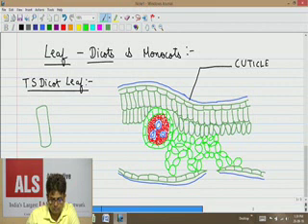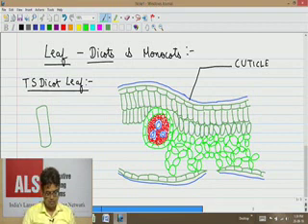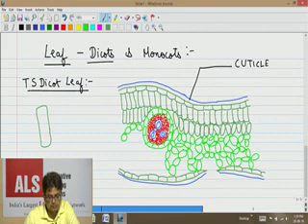Like this. Okay. Like this. So these are going to be called the spongy mesophyll cells. Okay, these are the spongy mesophyll cells.